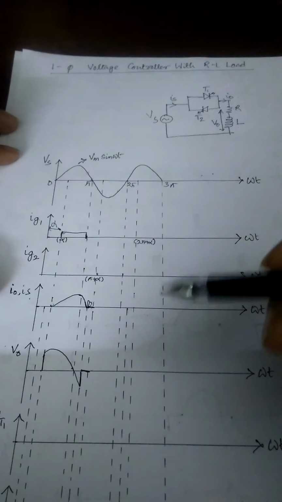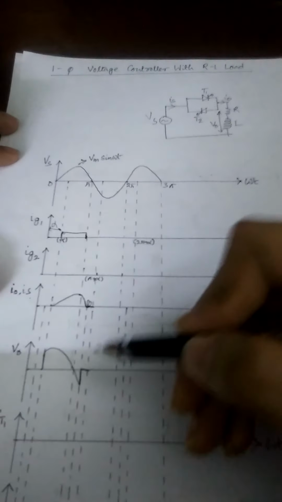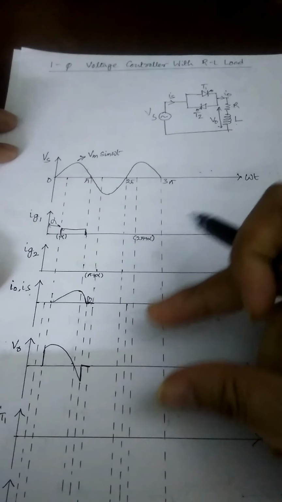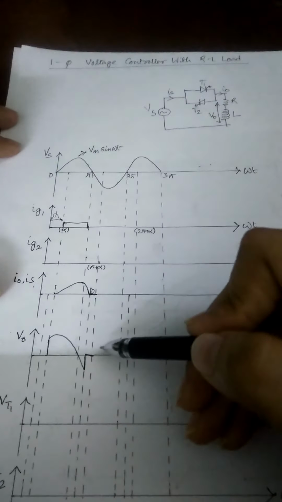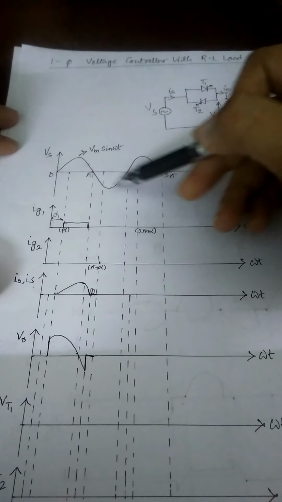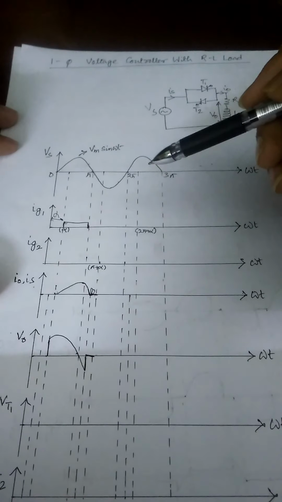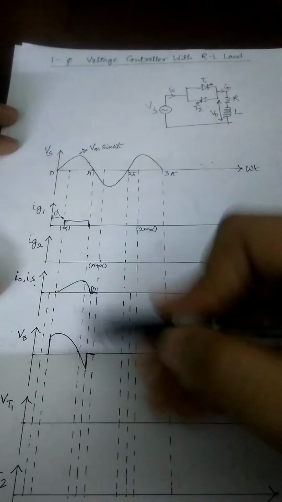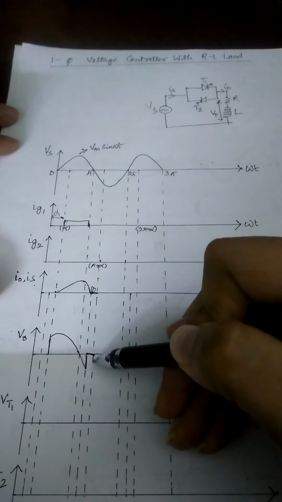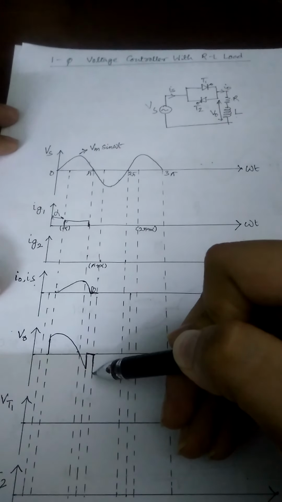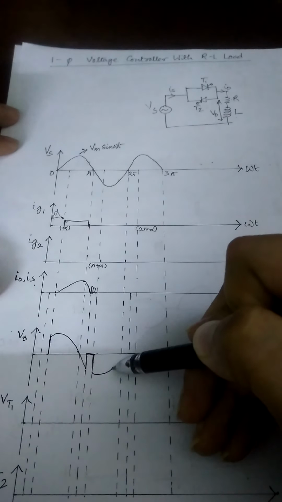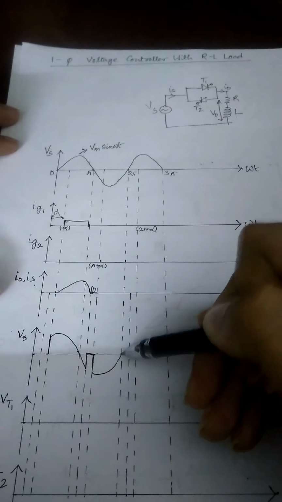From this point we get the output voltage across the load because of the conduction of thyristor T2 from the pi plus alpha point. As the supply voltage is in the negative half cycle, we get the voltage on this side, like that.